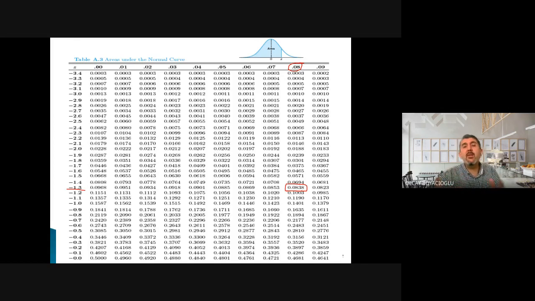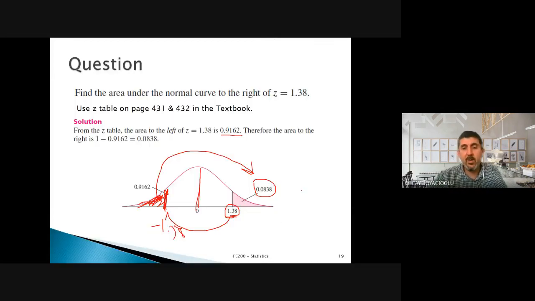So there are different kinds of mix and match that you can do here. I know you all are smart kids, and you can use this z table in any way which is to your advantage.